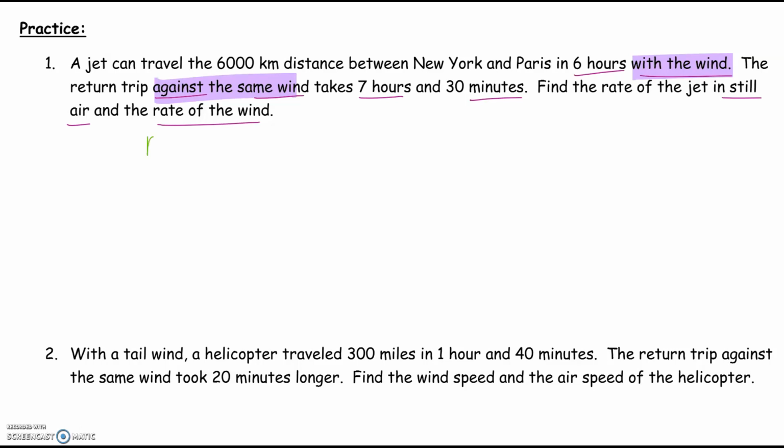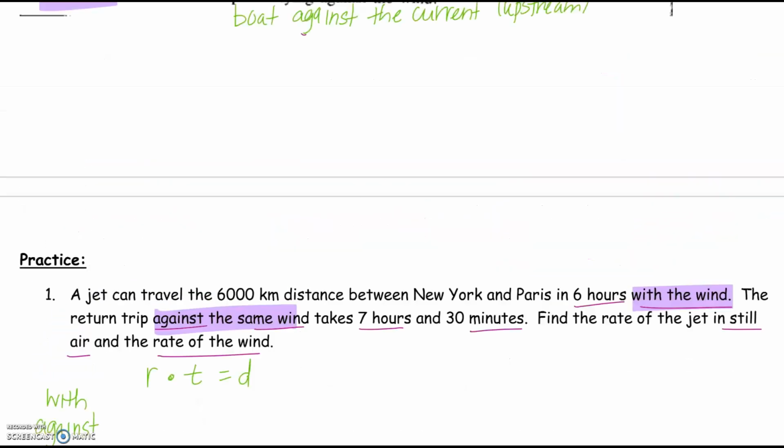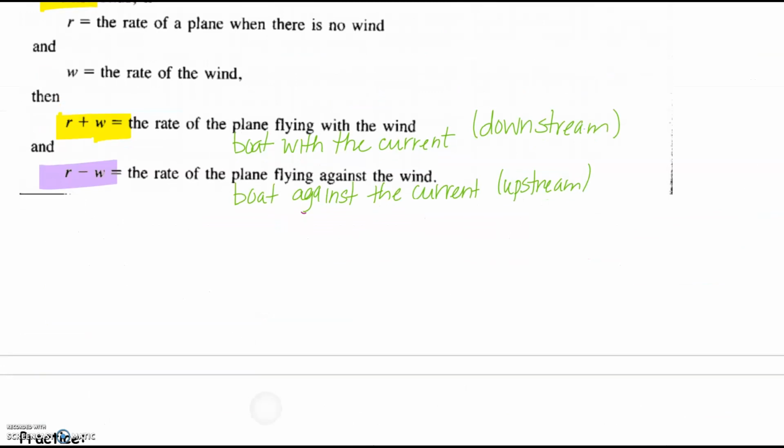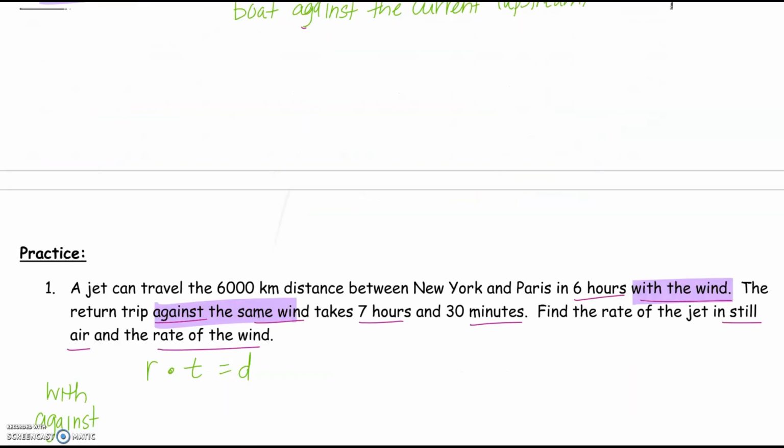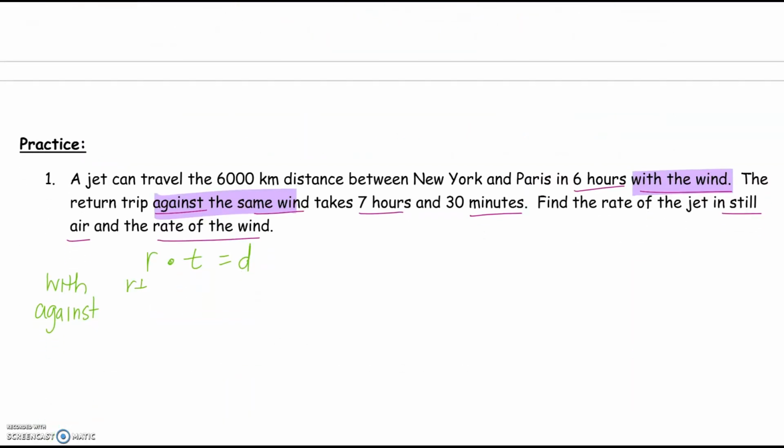Okay, so we know that rate times time equals distance. And we're going with and we're going against. So we just learned that when we're going with the wind, we are using R plus W. So our rate is R plus W. What is our time? 6 hours.